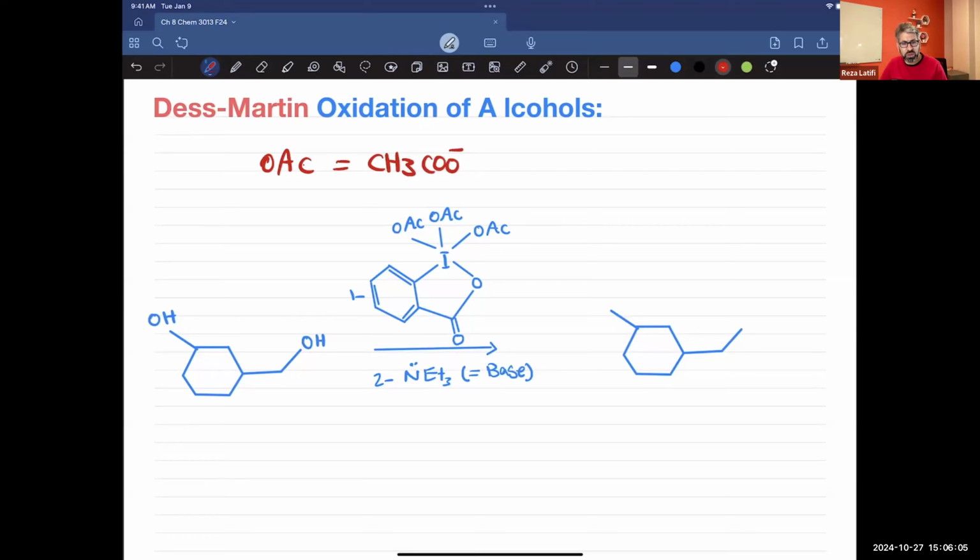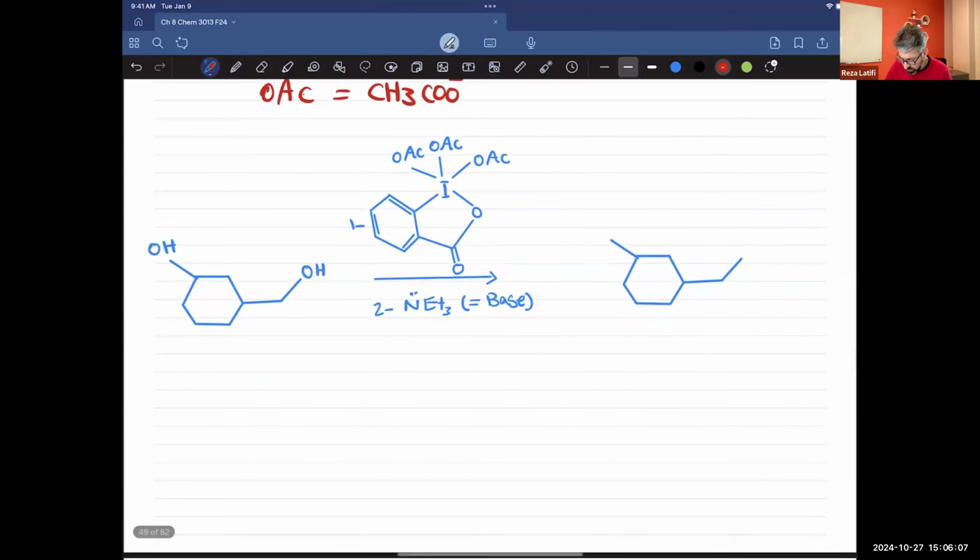And what's the role of this compound? This one is going to be a base. Technically, it will take hydrogen out of the system. And in this case, the primary alcohol will turn to aldehyde, and the secondary will turn to ketone.